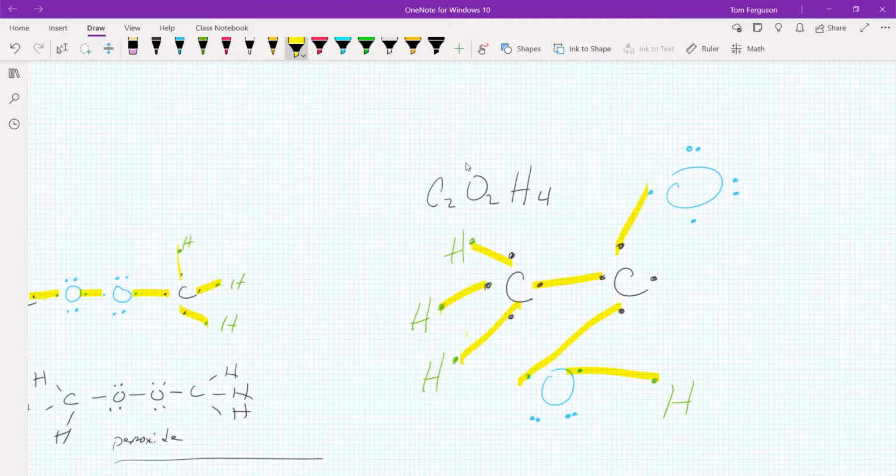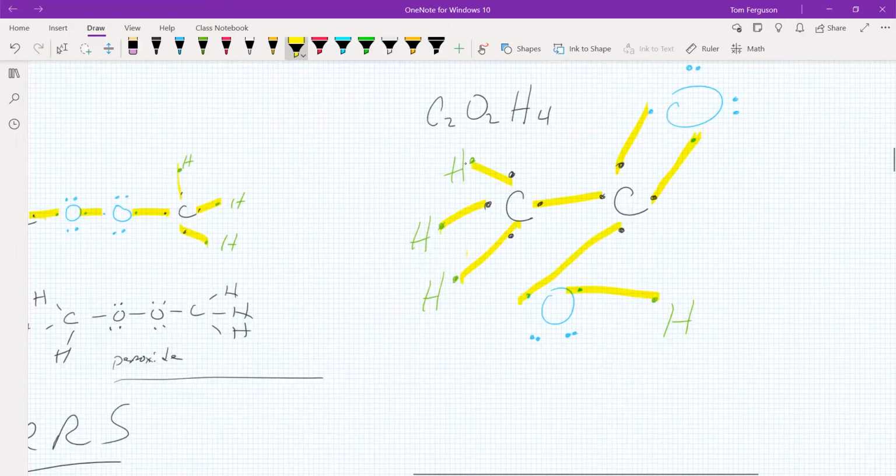What do you think? Any singletons left over? Yes, the carbon and oxygen. Yeah, exactly. Right here. Okay, so we've got everything connected up, no singletons left over.